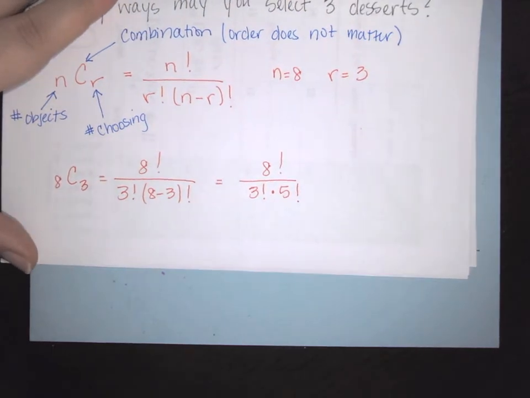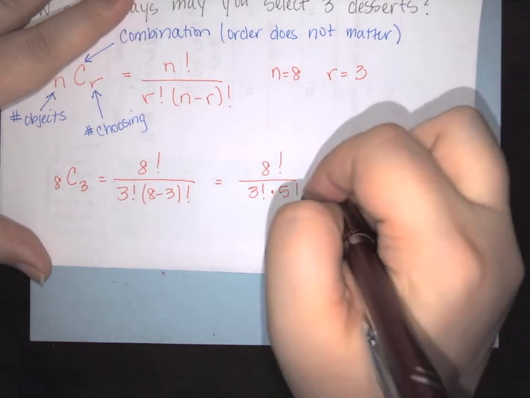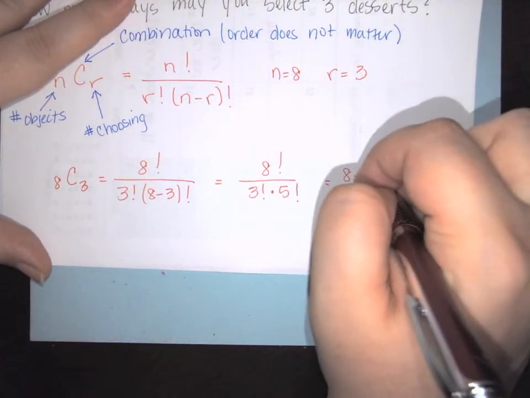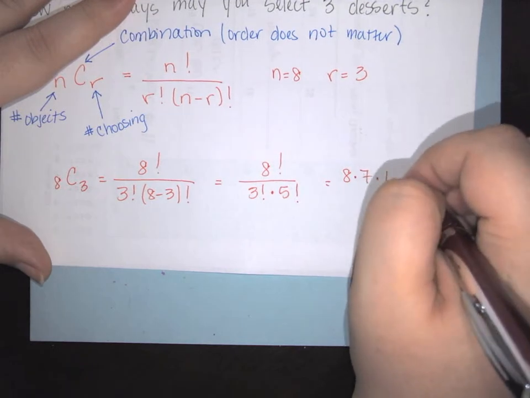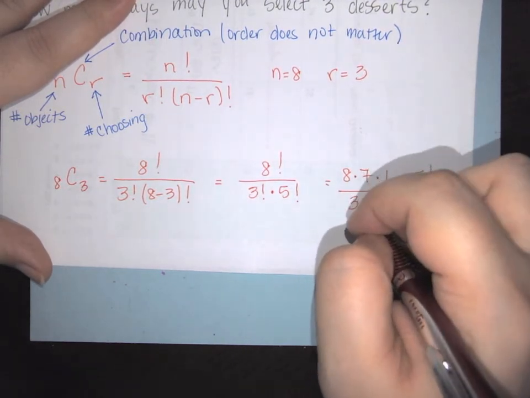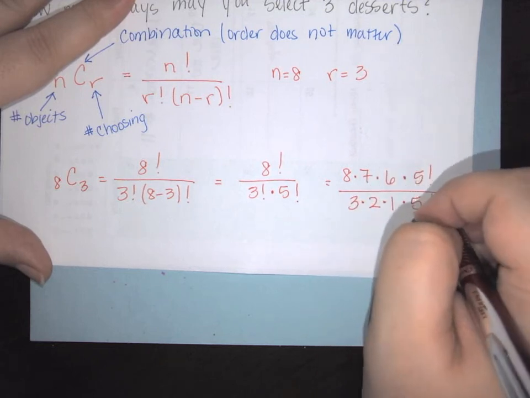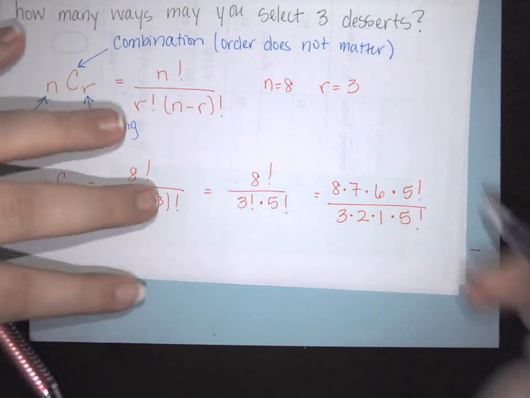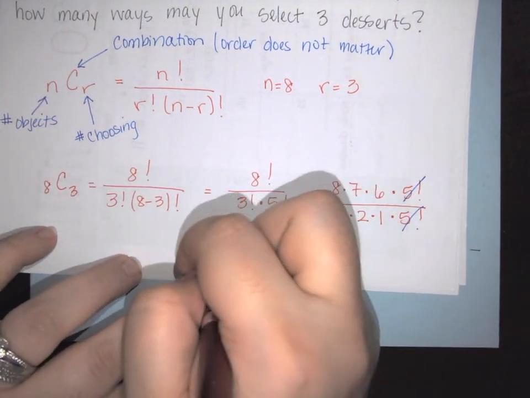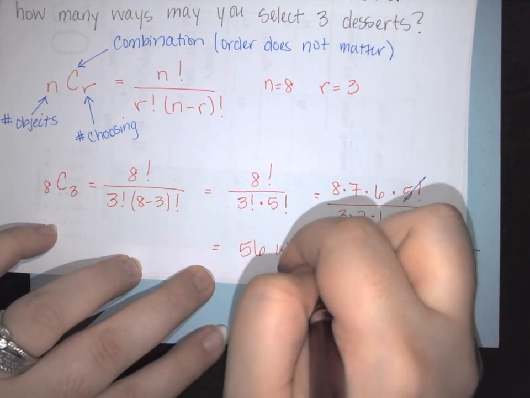Now, because I have 2 of them on the bottom, just like before, you want to cancel out the biggest one. So this is going to end up being 8 times 7 times 6 times 5 factorial all over 3 times 2 times 1 times 5 factorial. My 5 factorials go away, and this is going to end up with 56 ways.